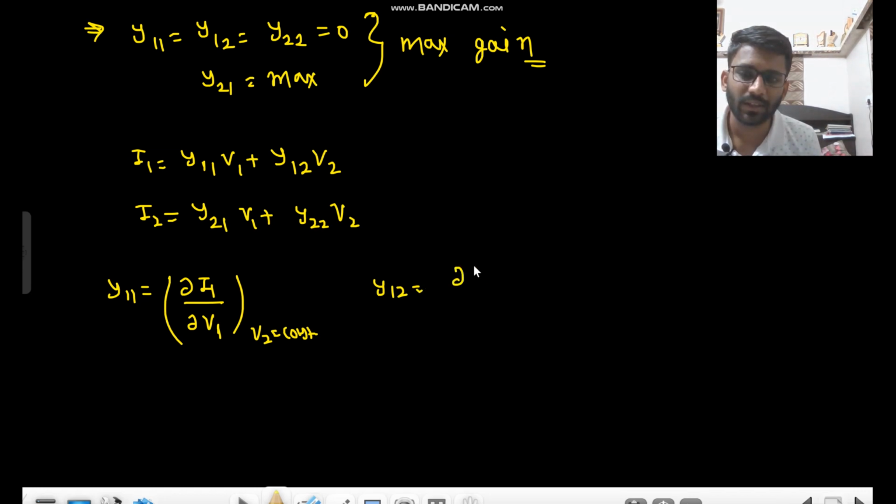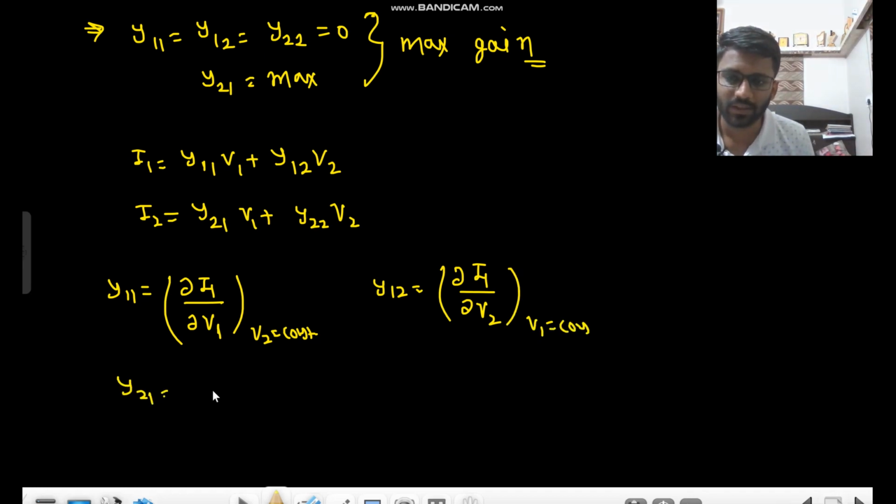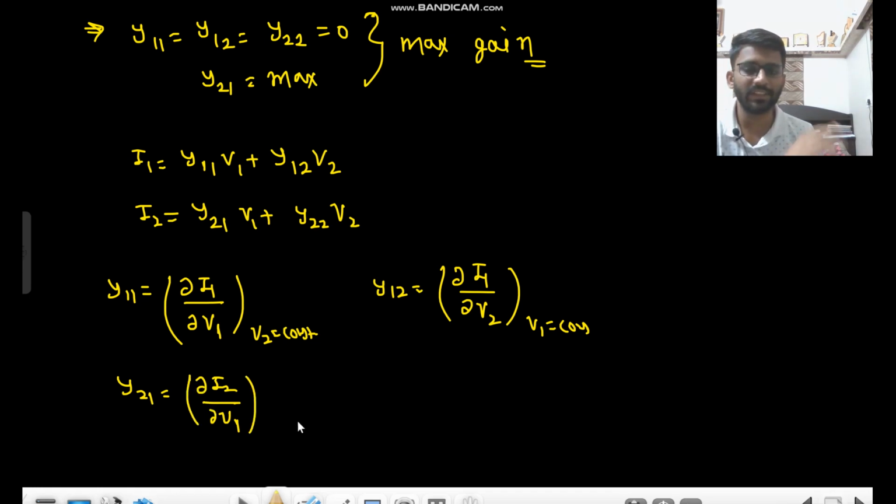What would be Y12? Y12 is delta I1 by delta V2 with V1 being constant. What is Y21? Y21 is delta I2 upon delta V1. This looks like a transconductance, right? Output current on input voltage, with V2 being constant.